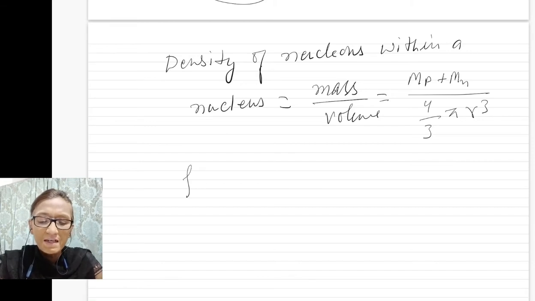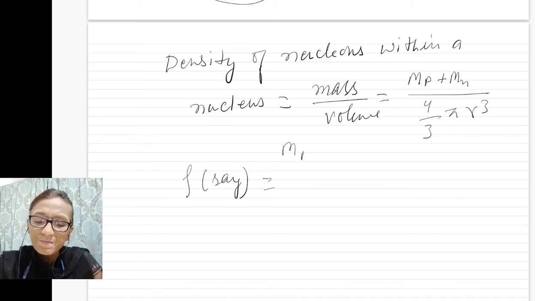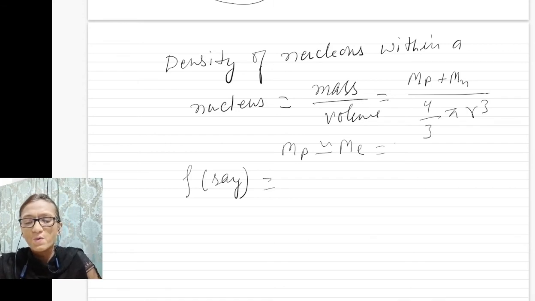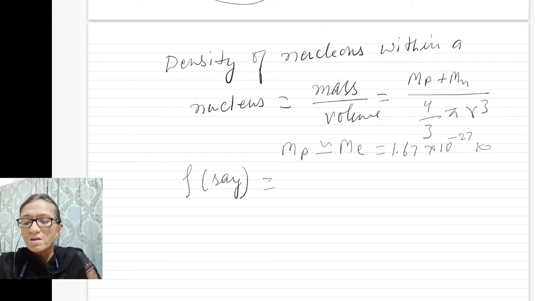So the density, say it is rho, will be equal to the complete mass. Here, if you assume that the mass of a proton is nearly equal to the mass of a neutron, it is 1.67 into 10 to the power minus 27 kg, with a slight difference between the two. Let this be m.